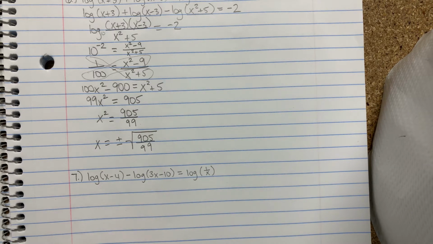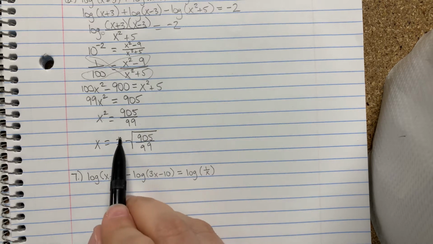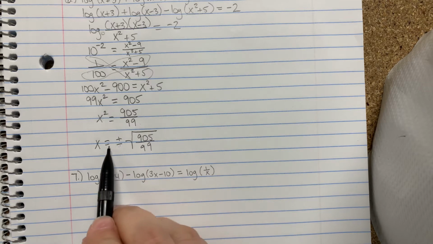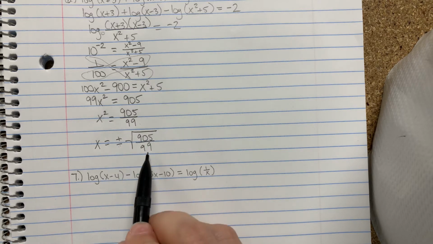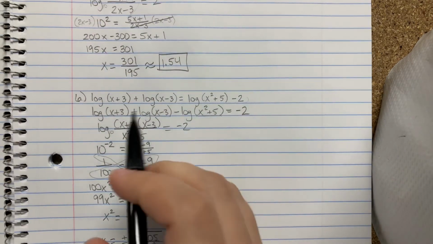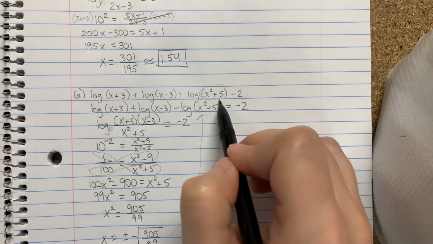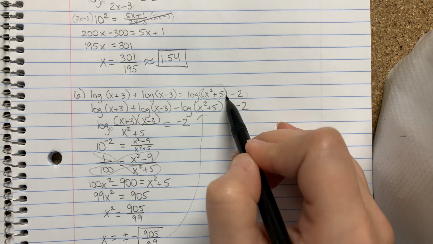Okay. So now we need to think kind of outside the box here. If I take my square root, I've got two different answers here. I've got a positive and a negative. If I take the positive square root of 905 over 99, I'm not too concerned about that, because when I look back up here, I'm trying to think about these plugged back in. So here, if I square that, it's fine, no big deal.